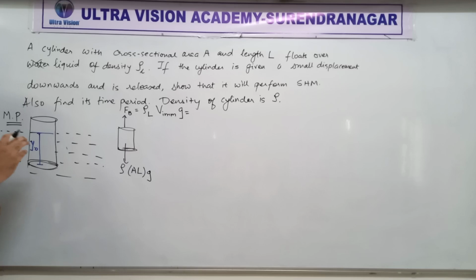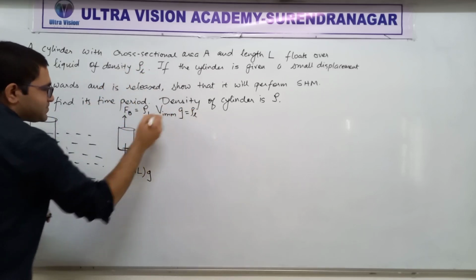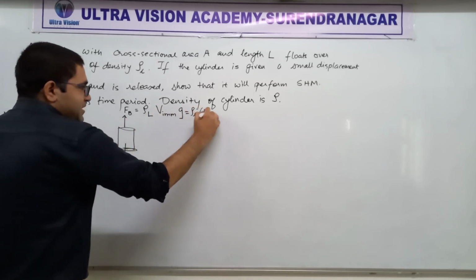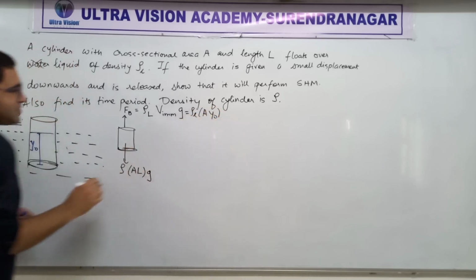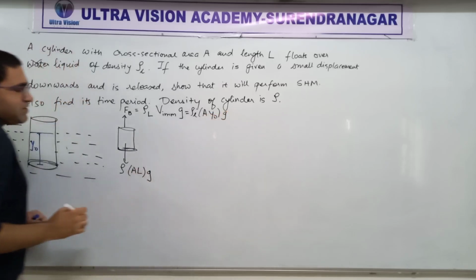rho L is the density of the liquid given in the question, no big deal about that. The volume immersed is A into y0, and then into g. So this is the buoyant force.